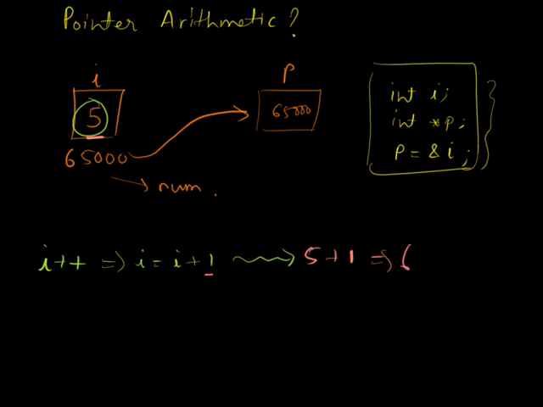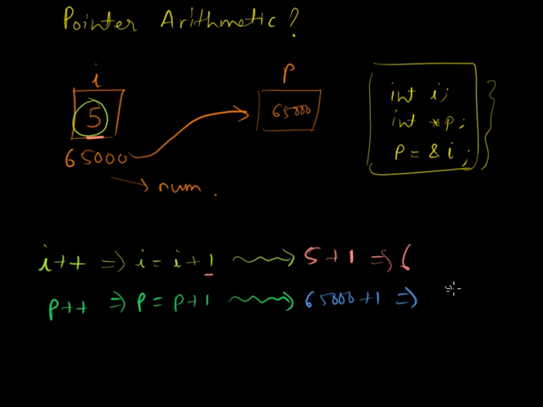But what if I do P plus plus? Again, you can expand this. P equals P plus 1, and you can imagine that what it can give is 65,000 plus 1.